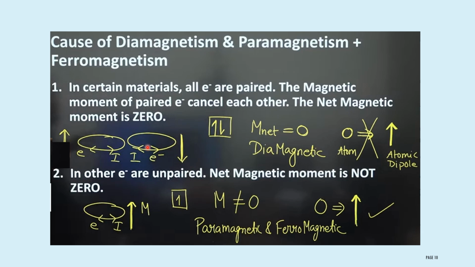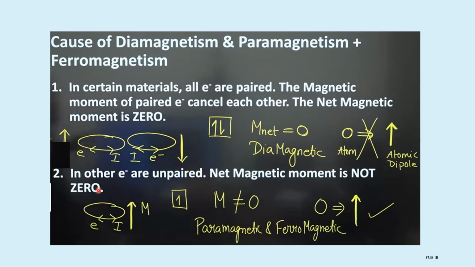Therefore, the magnetic moments of paired electrons cancel each other. Therefore, the net magnetic moment is 0. In the case of a diamagnetic material, the net magnetic moment is 0. There is no atomic dipole, there is no separation of charges, in the case of a diamagnetic material.